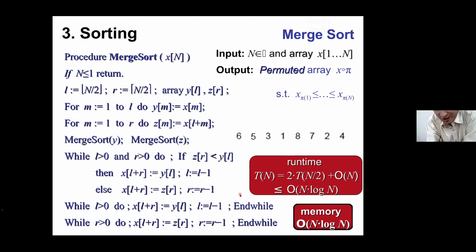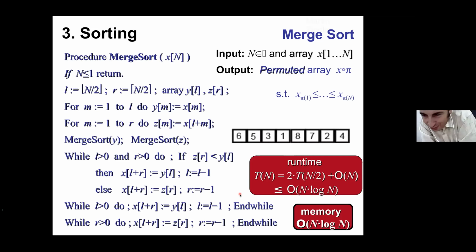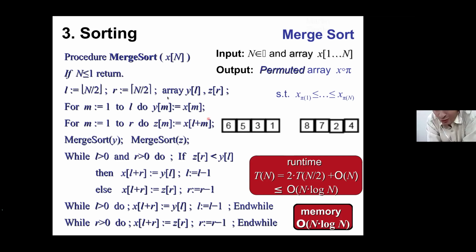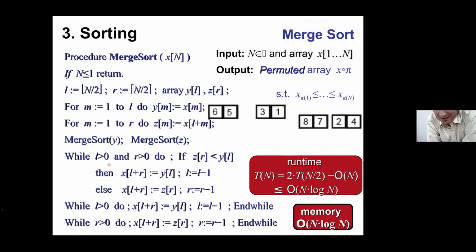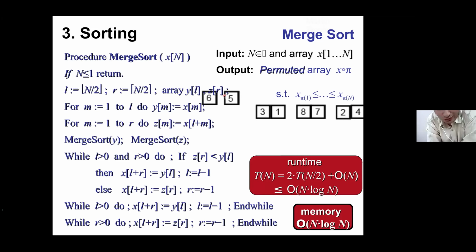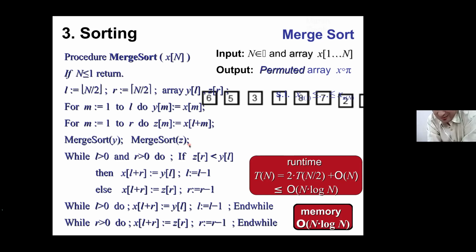This is something that you can do, but unfortunately there is no way to avoid this copying. Even if you use the same memory multiple times, even if you save some memory this way, you still need this copying procedure.